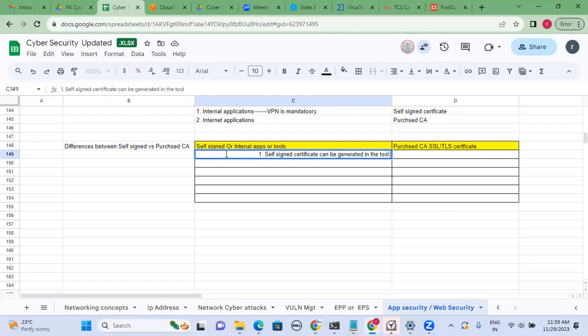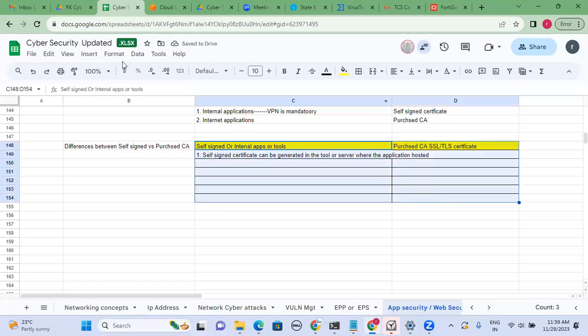I'm giving security as an example. So any tool we are using, or the server where the application is hosted. That is the self-signed side.